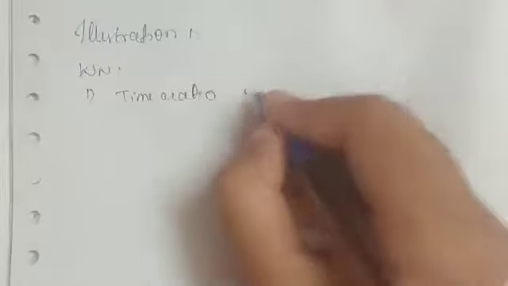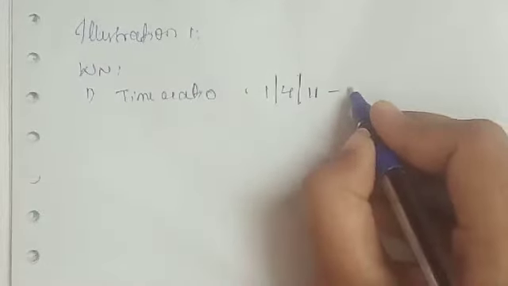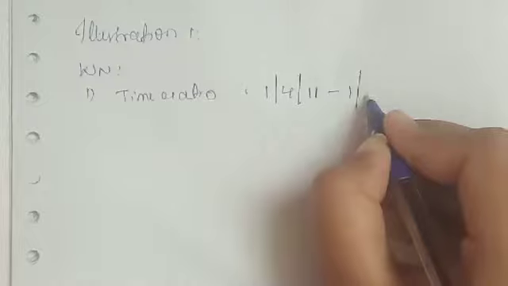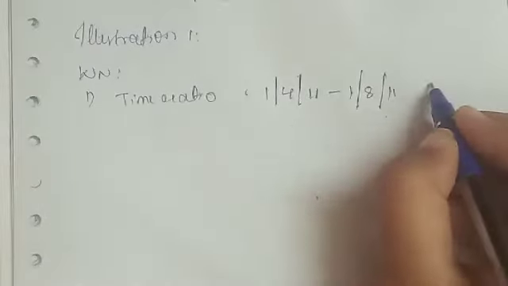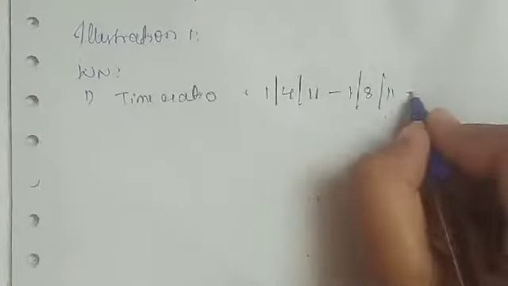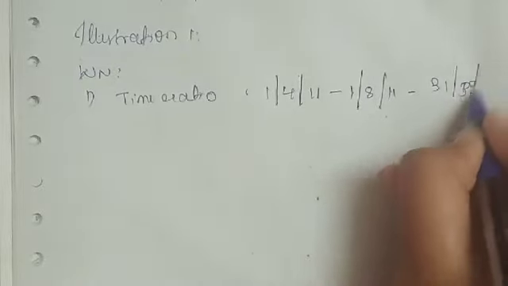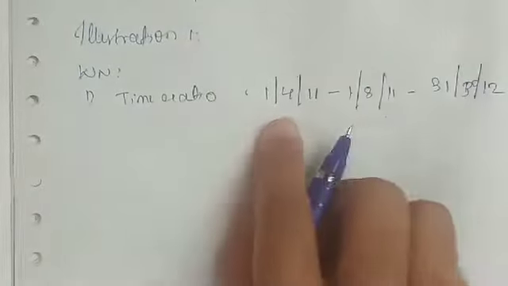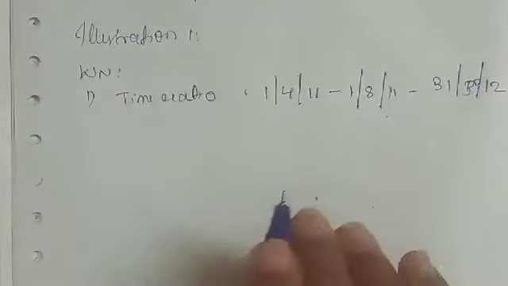So they acquired the business on 1/4/2011. It got incorporated only on 1 August 2011. Okay, and they have asked us to calculate the profit for year ended 31st March 2012. So all these three things you need to write mandatorily, otherwise you get confused.